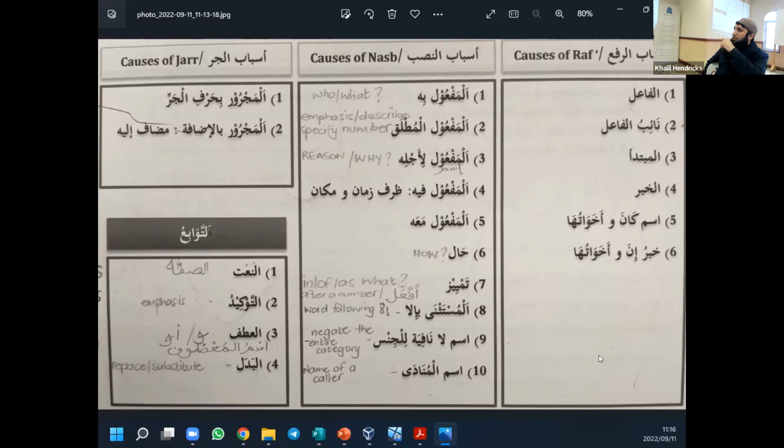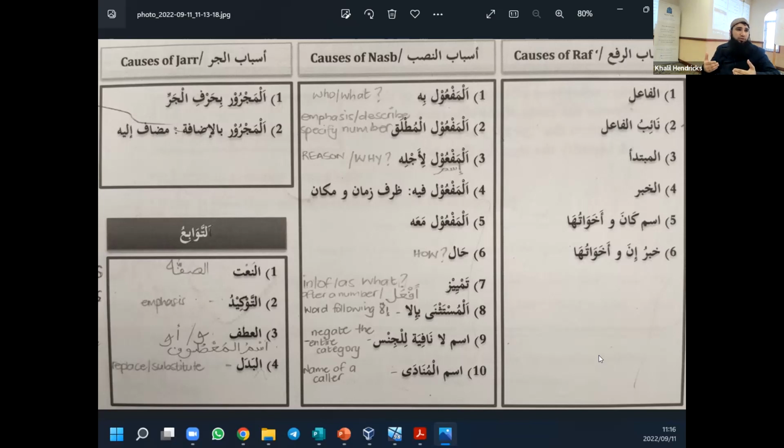The tawabi', at-tawabi', the followers. What does it mean when we say these are followers? These are words where generally the construct is comprised of more than one part.